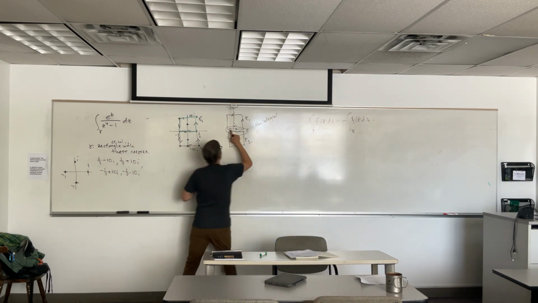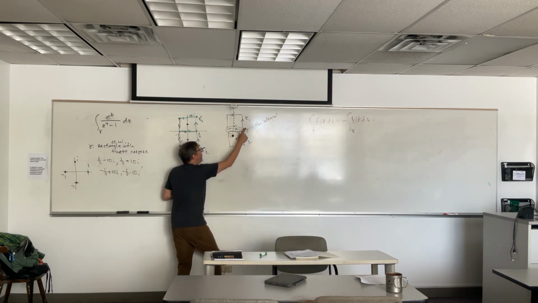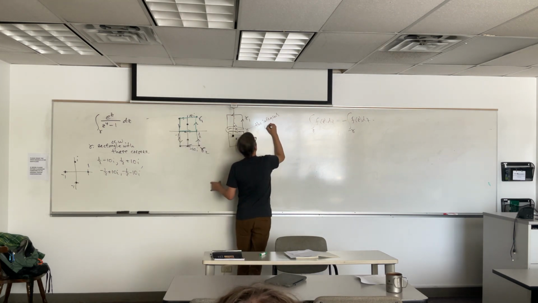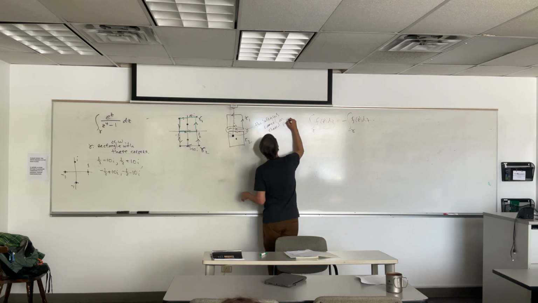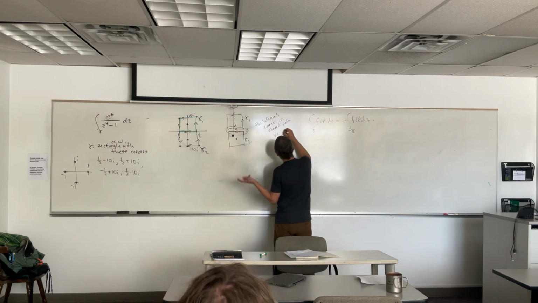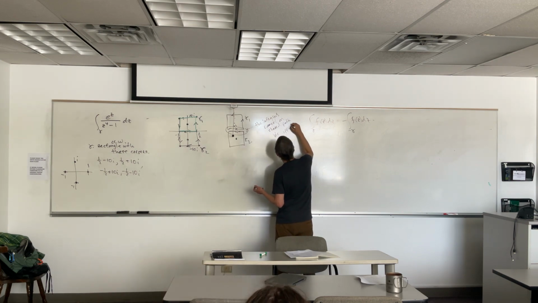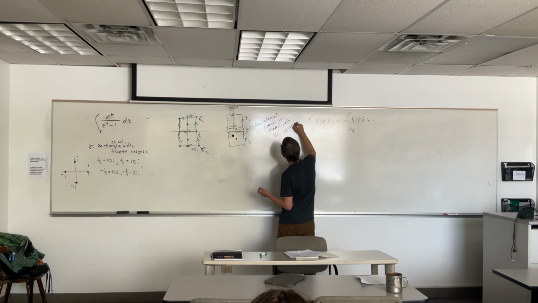So the value from here to here is the opposite of the value from here to here, and those must cancel. So the integrals cancel on the shared path, because of opposite orientation.